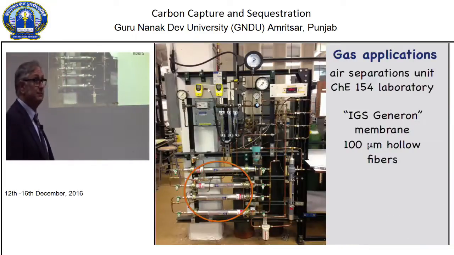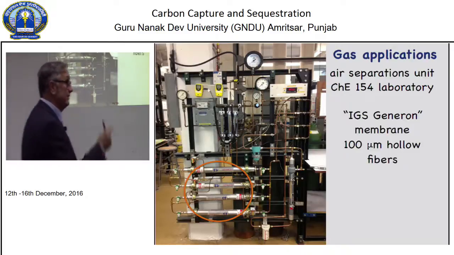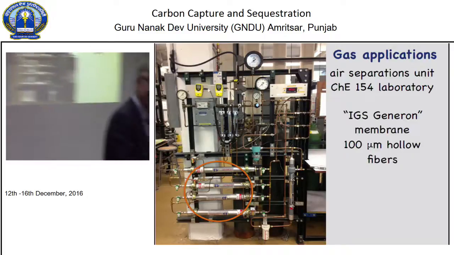If you're a student in my department at UC Berkeley, you have a laboratory in which you are doing air separation membranes. These cylinders here are packed with these membrane materials. Air comes in one end, and pure nitrogen or nearly pure nitrogen comes out the other end. And the biggest use for these membranes commercially is, anybody know?